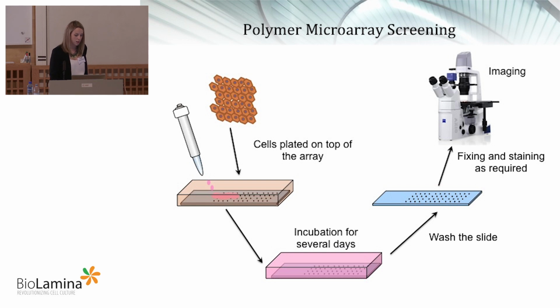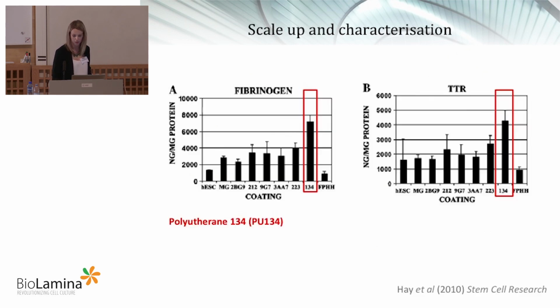We took our hepatoblasts at day 8, 9, 10 and plated them on top of the slides containing the polymers. They were incubated for 8 to 15 days, and then they could be fixed, stained and imaged. This helped us narrow down from hundreds of polymers to about 6.